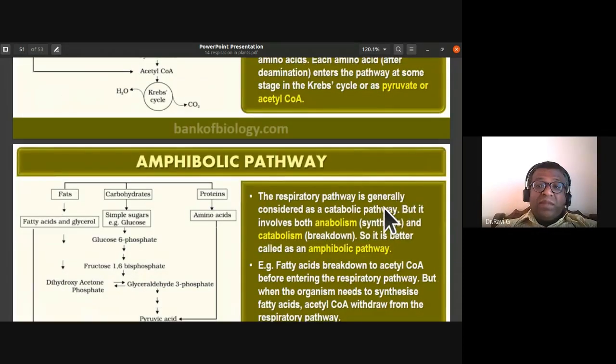The respiratory pathway is generally considered a catabolic pathway, but it involves both anabolism, synthesis, and catabolism, breakdown. So we call it an amphibolic pathway.